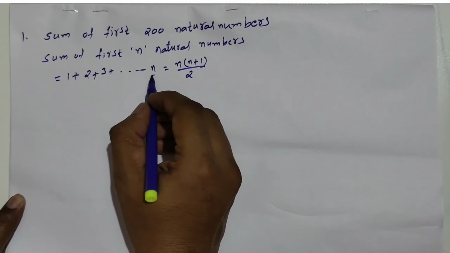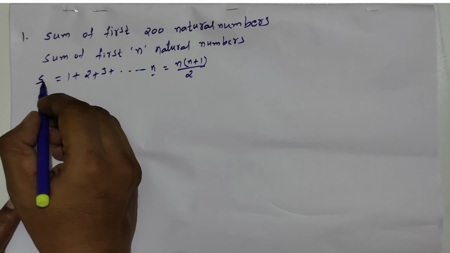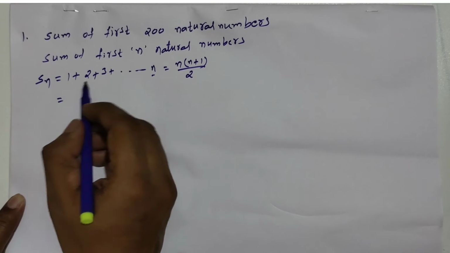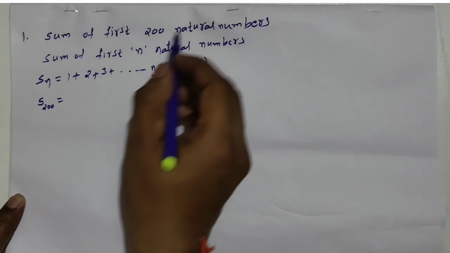Here in place of n we have 200. It is denoted by the sum of n terms, Sn. So here we have to write the sum of 200 natural numbers.